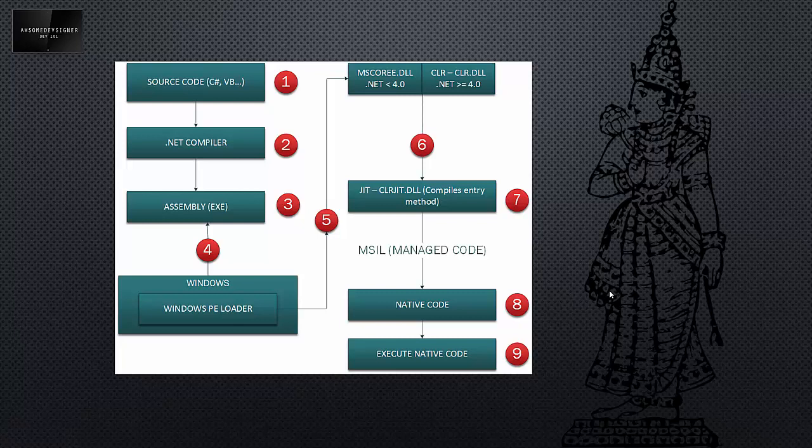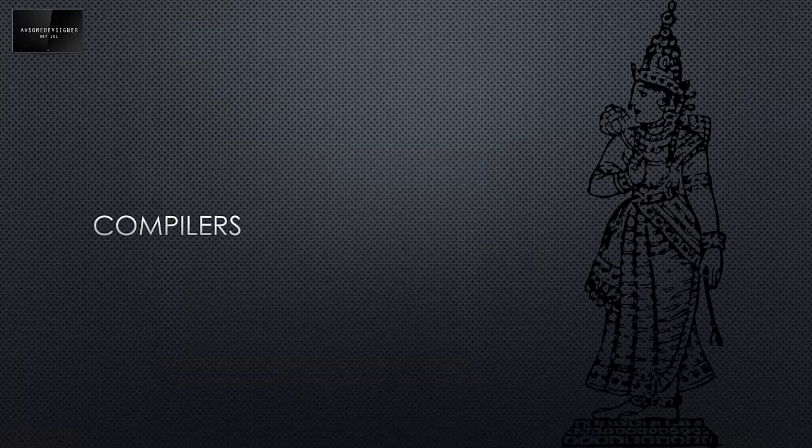We need to do an introduction to compilers and what compilers are, how they work, and how we can enhance our development environment to suit our needs by changing some of the basic components that are delivered with Visual Studio. Okay, let me introduce you now to the overall concept of compilers.